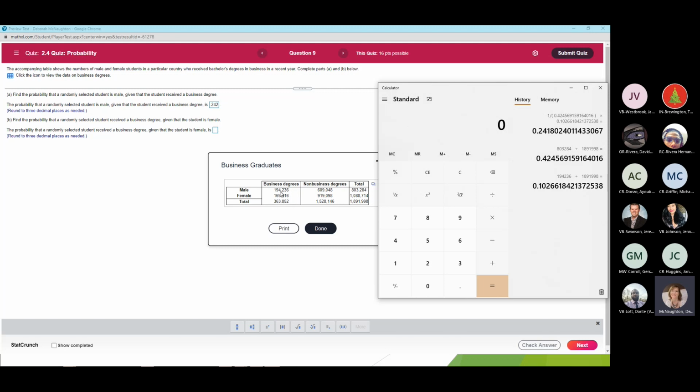I want to show you it'll give you the same answer. Because if it's given that I have a business degree, I only need to look at this column. So the probability that I'm male, given I have a business degree, is just the total males with business degrees divided by the total people with a, or oops, I said that backwards.